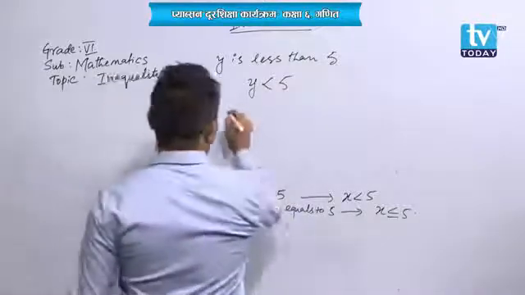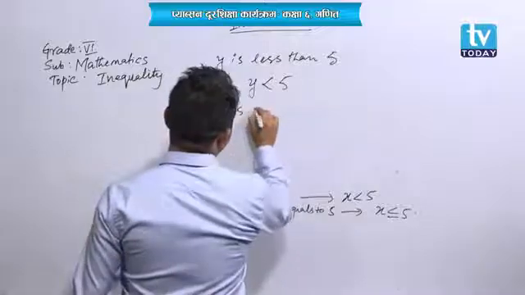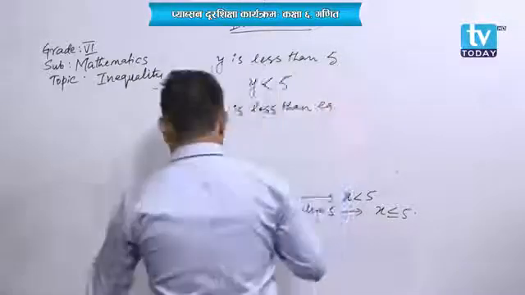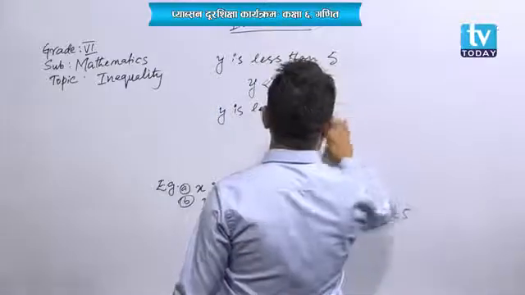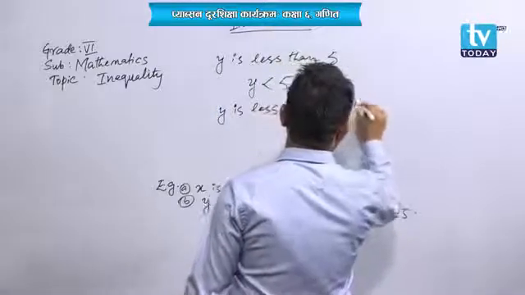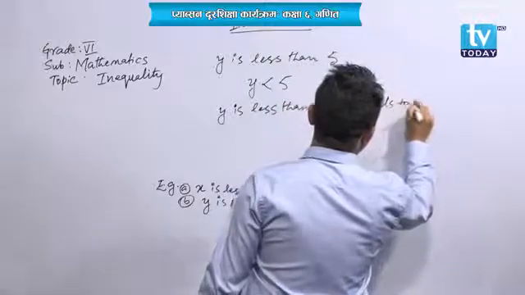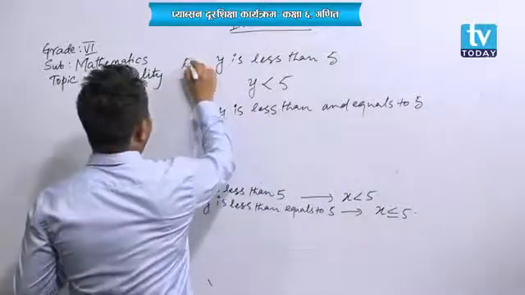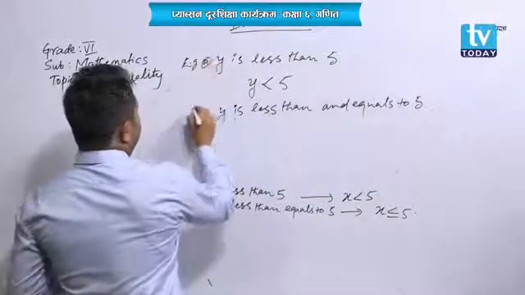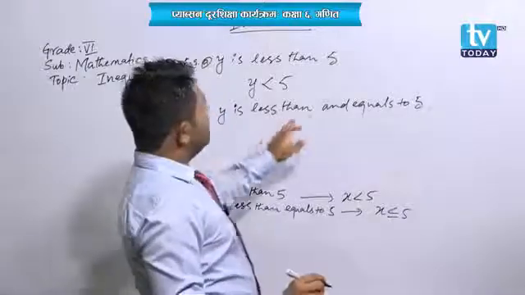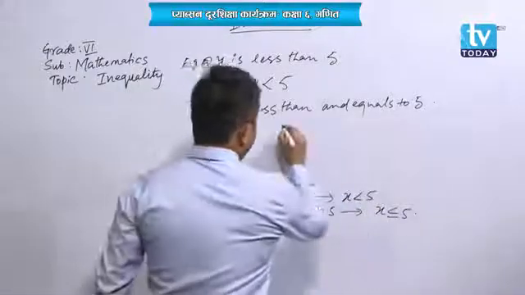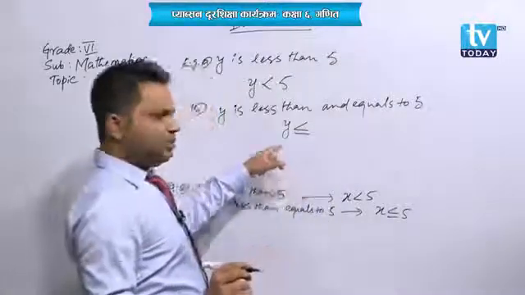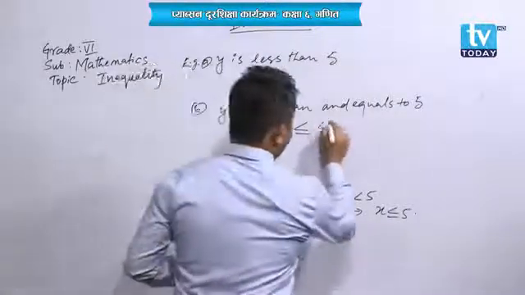And the value of y is less than or equal to, suppose, 5. These are all examples. Y is less than or equal to 5. So this is the symbol of less than or equal to 5.